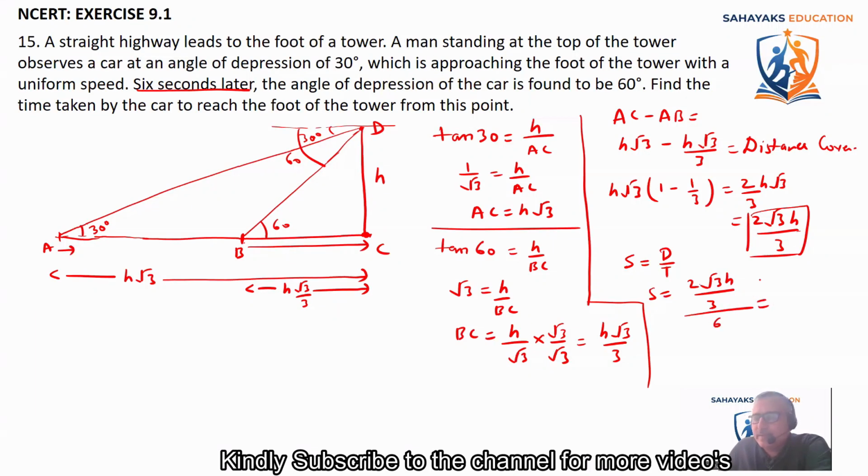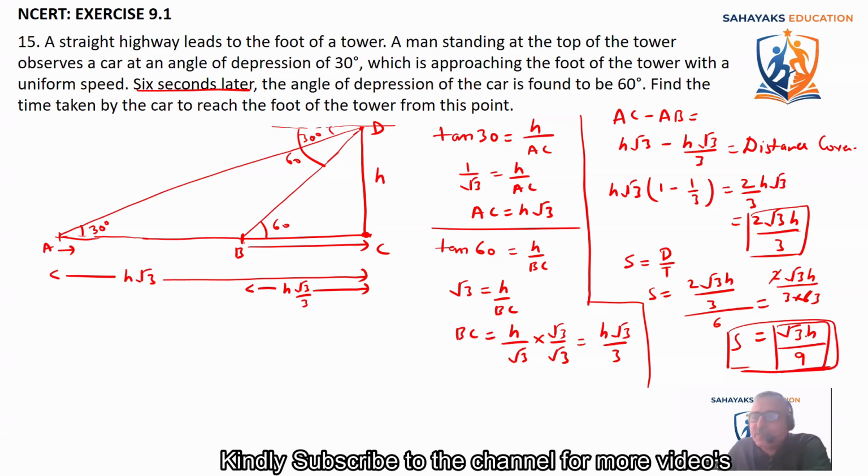So it becomes 2 root 3h divided by 3 into 6. 2 3s are 6. So the speed comes out to be root 3h divided by 9. This is the speed of the car.